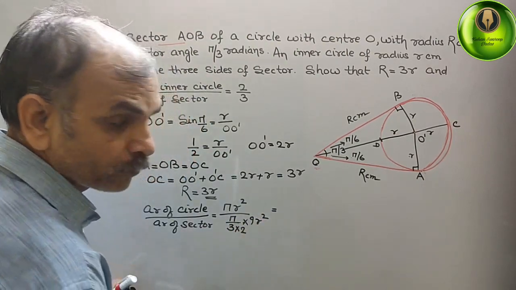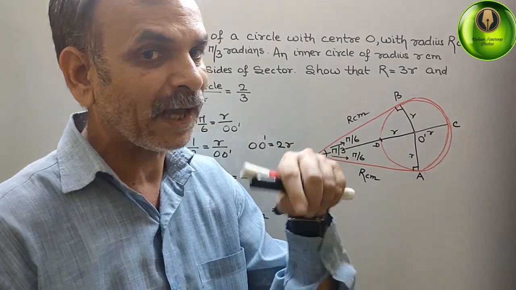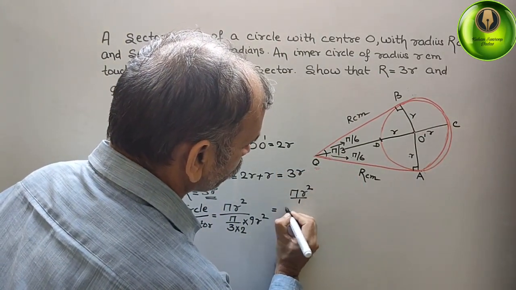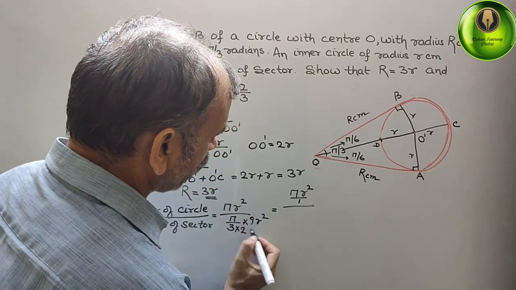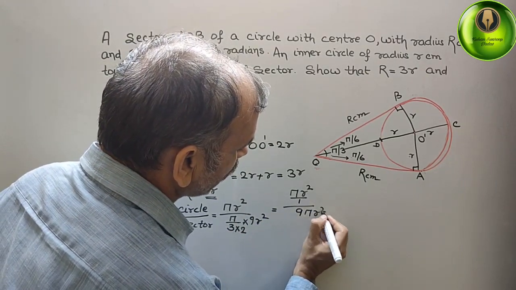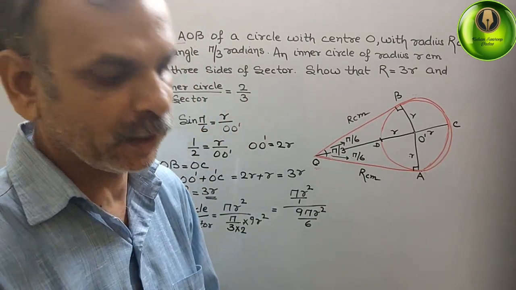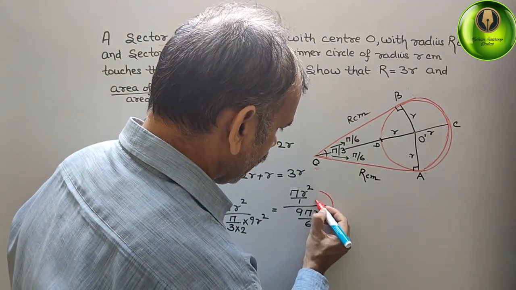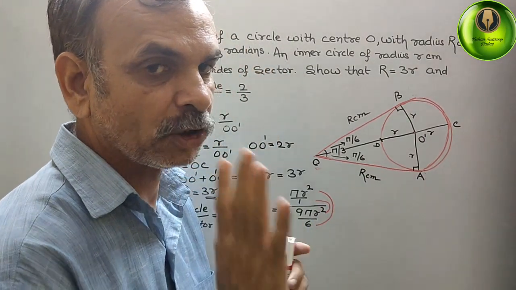Now see this. This pi r square, how we will write? Pi r square by 1, by this one. Then 9 pi r square by 6. Go for outer to outer, inner to inner multiplication. That means this to this and this to this. Always write the outside one first on the top.